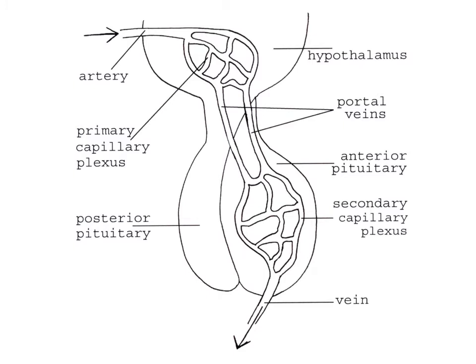Corticotrophin releasing hormone, CRH, causes the anterior pituitary gland to release adrenocorticotrophic hormone, or ACTH.